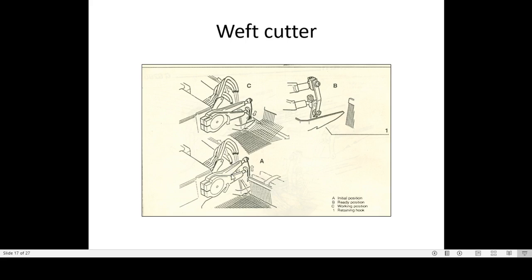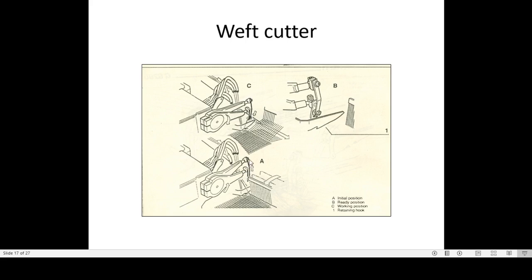When it is down, the weft, the last inserted pick, is hanging here like this. This weft is down here and the retaining hook maintains the proper position of that weft to cut. Here the rapier grips the weft, and when this weft moves forward, the cutter is required here.